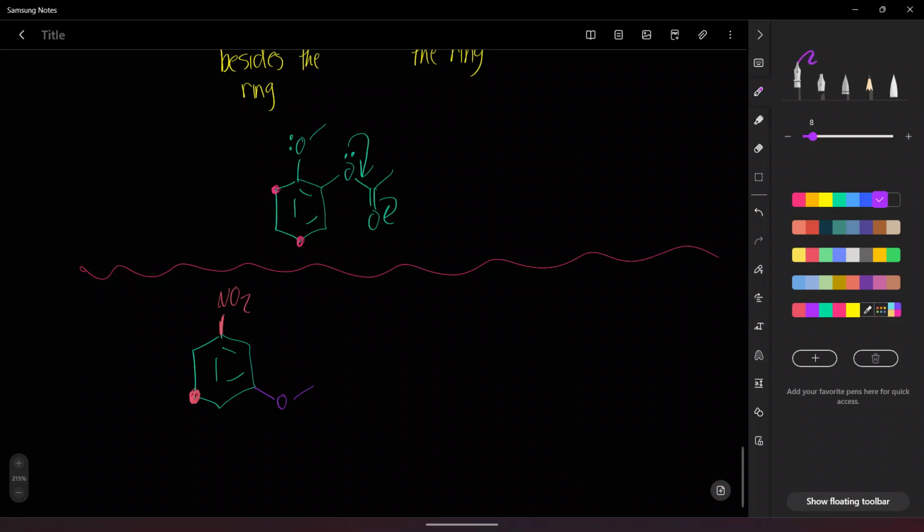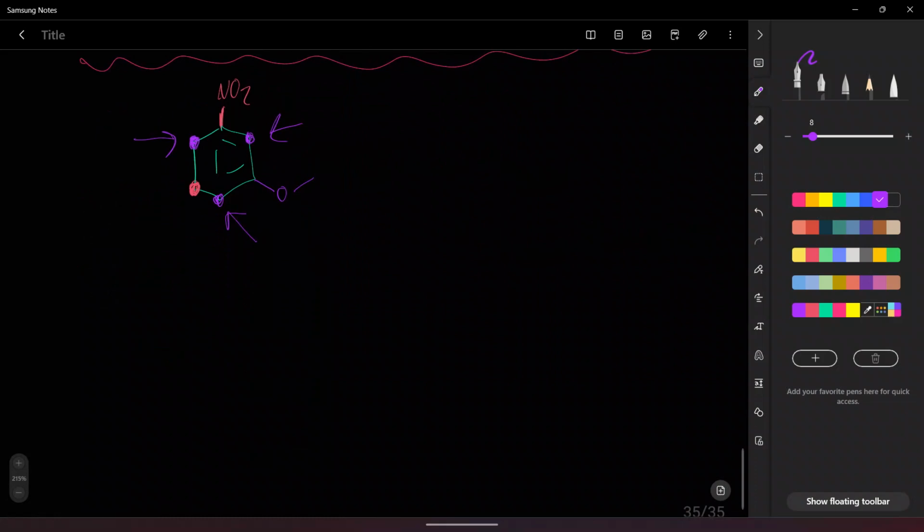And the oxygen group wants to direct either here or here. All right. Now, the NO2 group is a very, very, very good withdrawing group, and oxygen has a lone pair, and it doesn't have any resonance, so it's a pretty decent donating group. It turns out that the donating group outweighs the withdrawing group, and therefore, it'll direct at the purple positions, and this molecule will not direct at the red positions. Okay? So hopefully that makes sense.